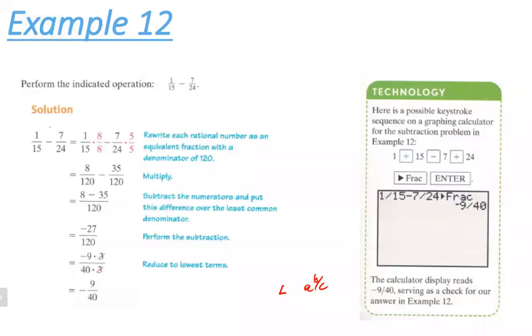And so every time you punch in a number, you type 1, then you do the fraction key, then you type 15, then you do the fraction key, then you press your minus, then you press 7, fraction key, then you press 24, equal, and then you should get the answer that they have here, which in this case is -9/40.